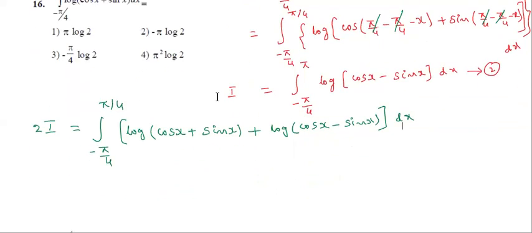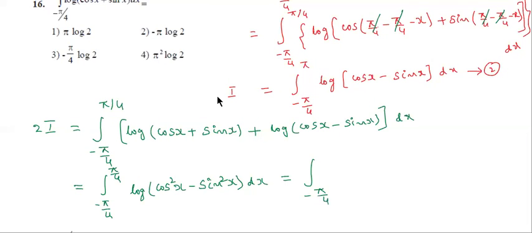Log AB. So minus pi by 4 to pi by 4 log AB. AB means cos x plus sin x into cos x minus sin x, that is cos square x minus sin square x. What is the cos square x minus sin square x formula? Cos 2x.